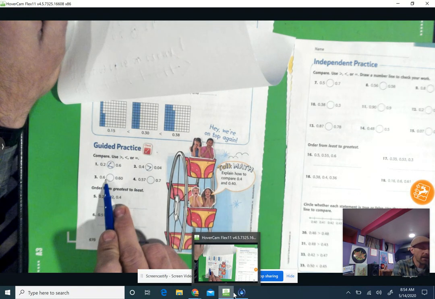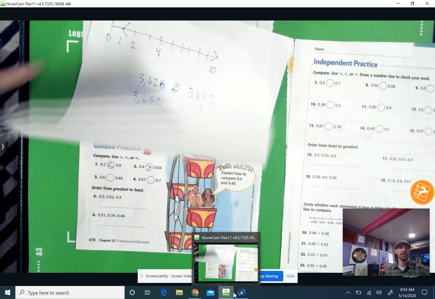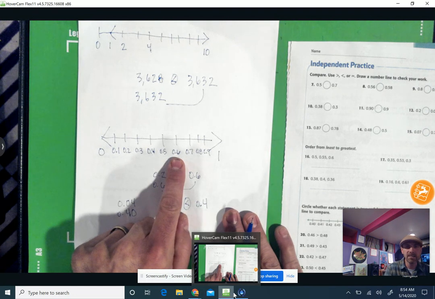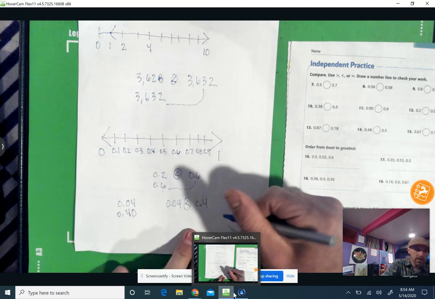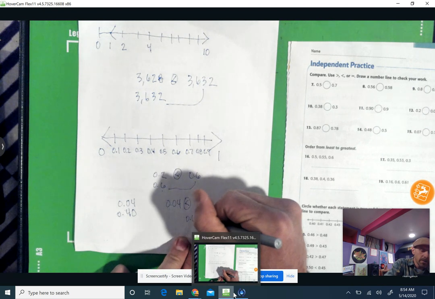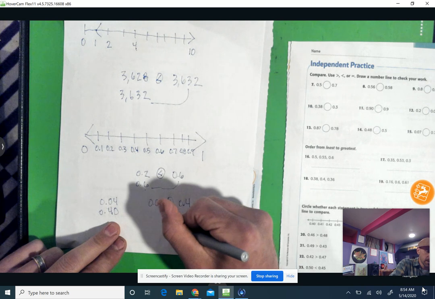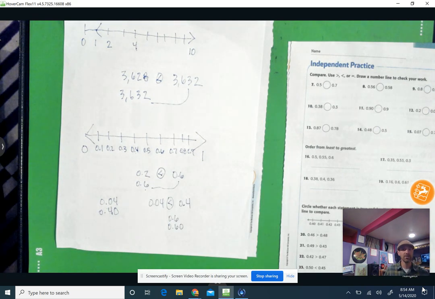Here we have 6/10 and 60/100. Let's take a look at that. Here we have 6/10, but where's 60/100? Well, let's take a look here. 0.6 for 6/10 and 0.60 for 60/100.